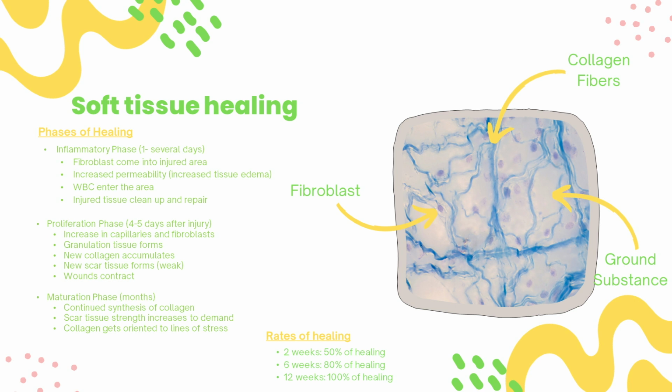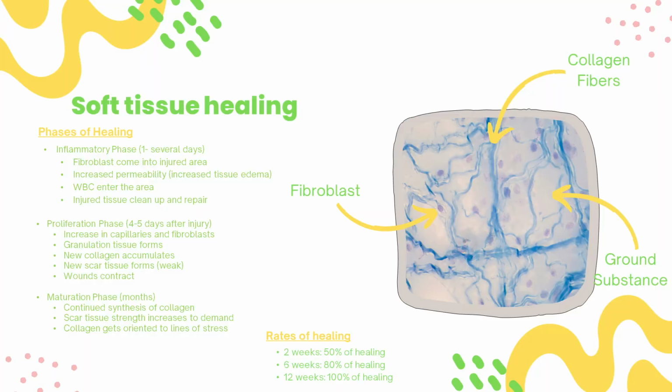The inflammatory phase is that initial, I fall down, I hyperextend my arm, and now my body is going through this inflammation phase. This can take 1 to several days after the injury to start to occur. What happens during the inflammatory phase is those fibroblasts get triggered and they come into the injured area to start building new tissue.